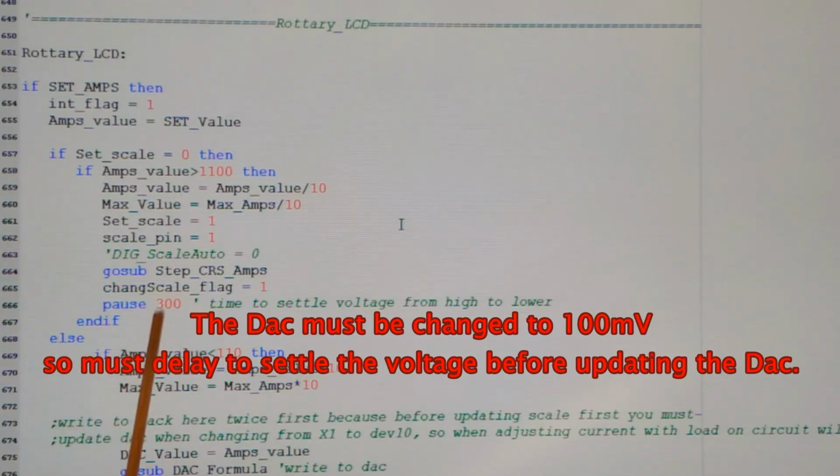If I don't put the delay here and your circuit is on, it might trip the circuit breaker, because suddenly now I haven't updated the DAC, right? So the DAC's still reading a certain voltage, and now I've just changed the voltage, so it means that it could trip.